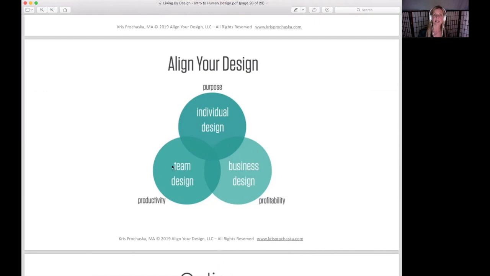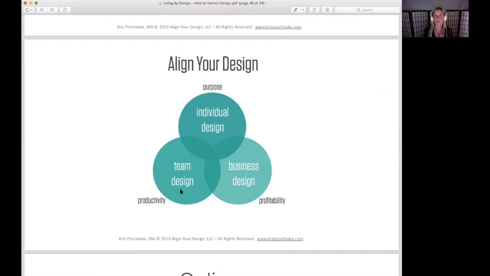And then over here in team design, even if you're an individual, like I'm on my own, but I have a team. I have people, VAs. I also collaborate with other people. And that's where I bring in the team design. I'm looking at, hey, are we compatible? Are we bringing in different aspects to the business that will help us to know how the dynamics are going to work there? Okay.